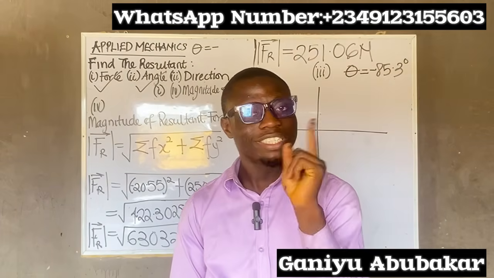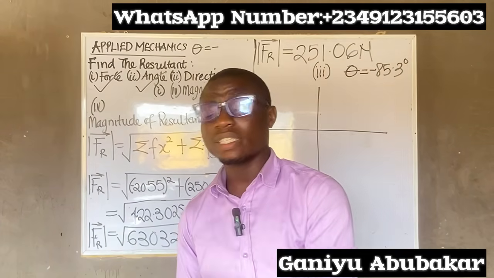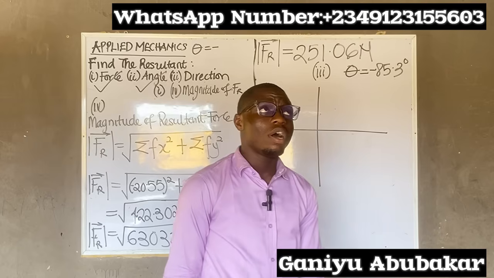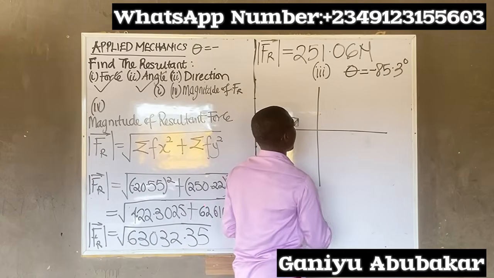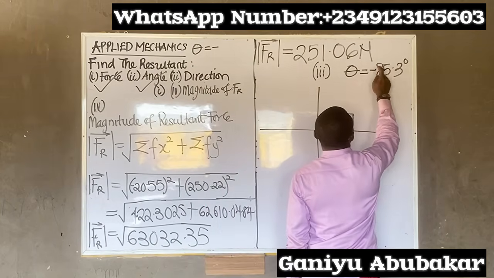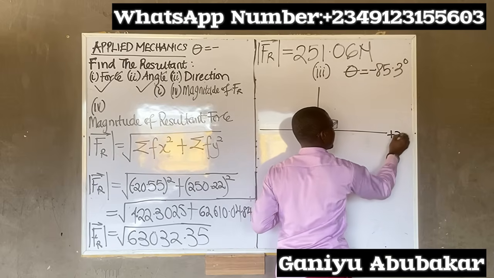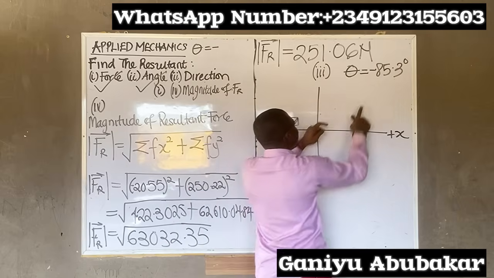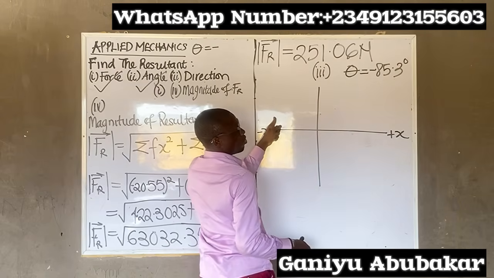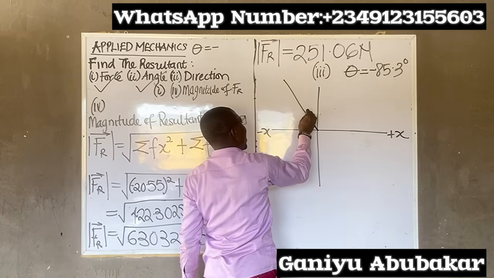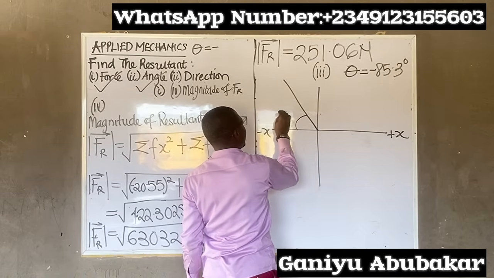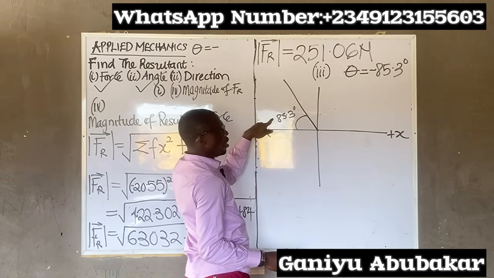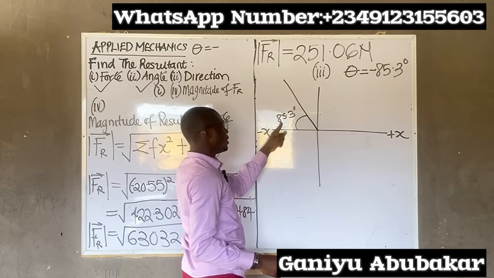But the negative means something: it means the direction of the force is facing towards the negative x axis. Here is positive x, here is negative x. The negative tells you this angle is formed in this section, 85.3 degrees. So no need to write minus again. This quadrant means it is negative already.